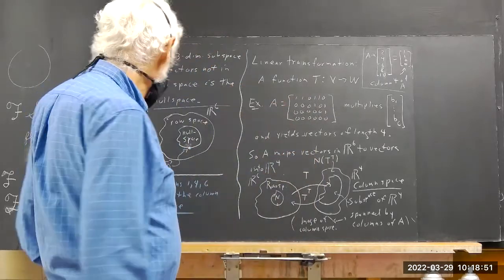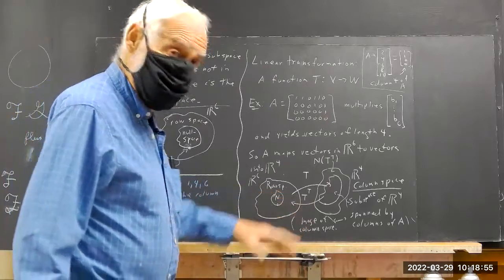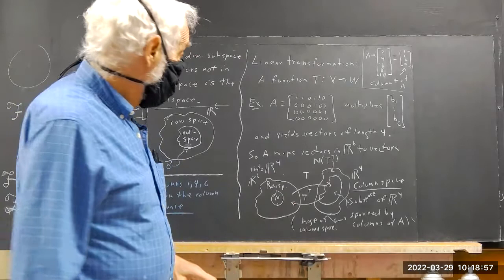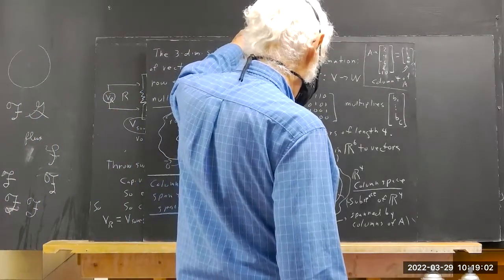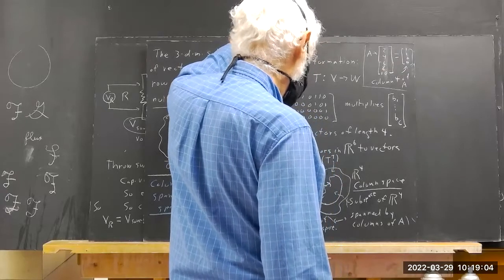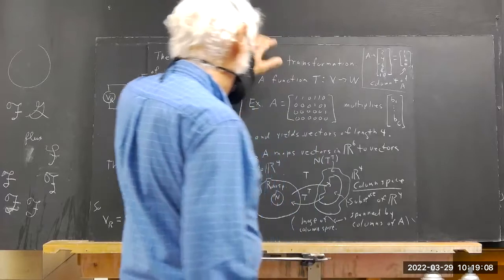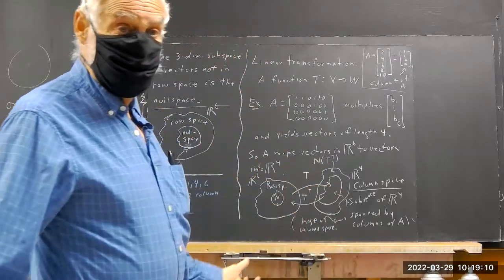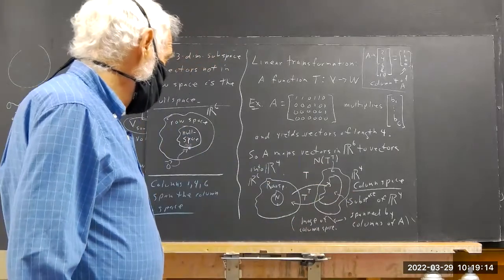I need a little more board space. Try to make that a little clearer. So these are your four basic subspaces. I still forget what you call this.